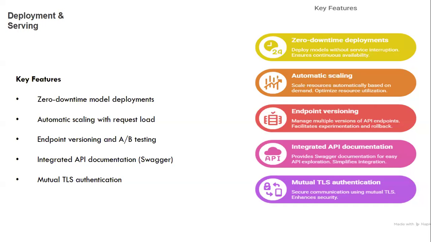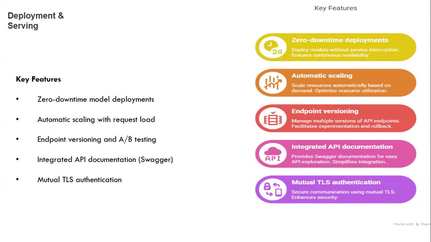The main purpose is that our model is ready and now we have to deploy our endpoint. There is zero downtime for the deployment. Whenever traffic is high, automatic scaling also happens. Endpoint versioning is integrated with the API documentation, and secure communication uses TLS for enhanced security.